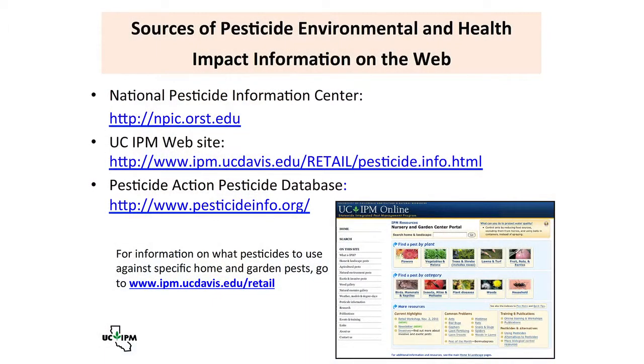The National Pesticide Information Center in Oregon is a really good place. If somebody says, I want to know about imidacloprid, and give me the facts that I can understand, or iron phosphate, or any of these things, they have really nice sheets that you can print out and give to people, or send them PDFs. They're really understandable and a good resource.